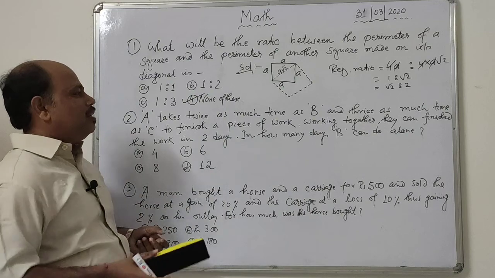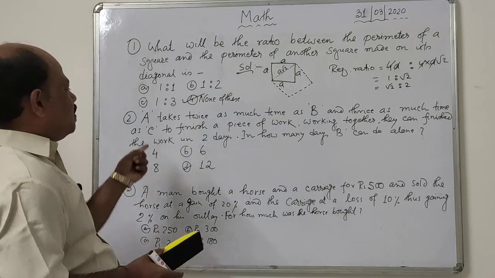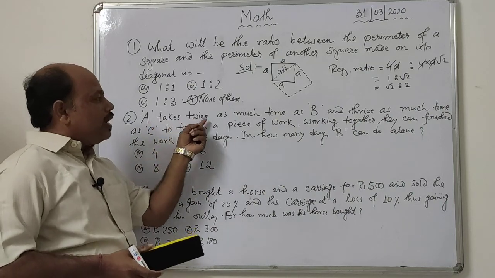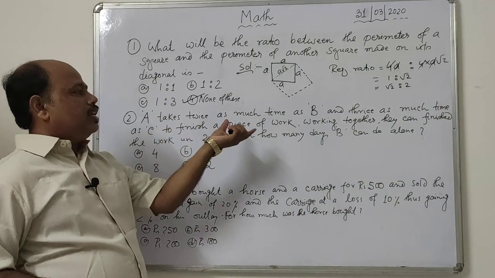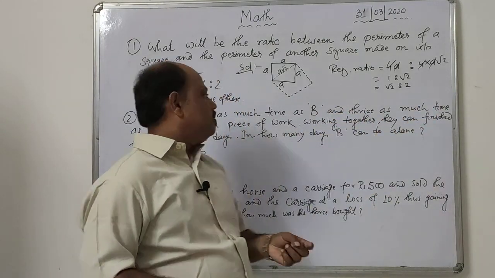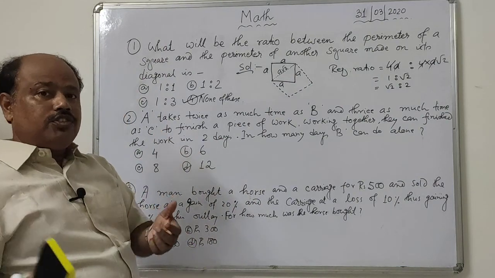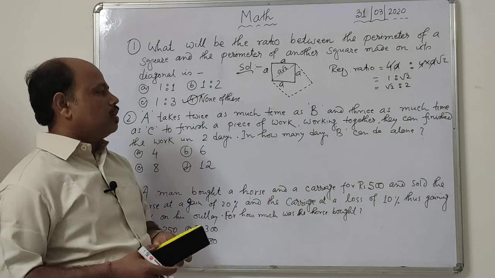The question we read in English so far, you see, it takes twice as much time as B. B's twice time it is taking, and thrice as much time as C, C's thrice time it is taking to complete a piece of work.